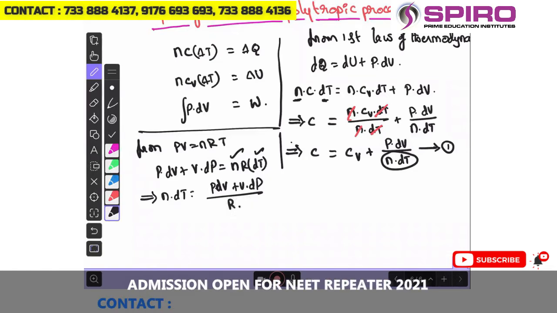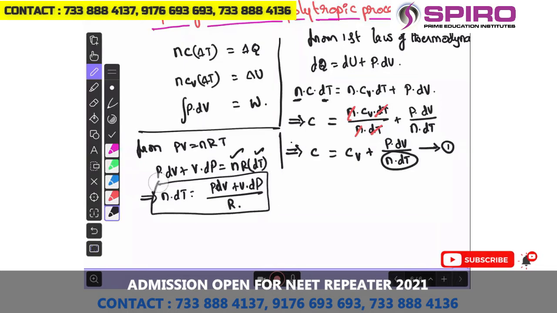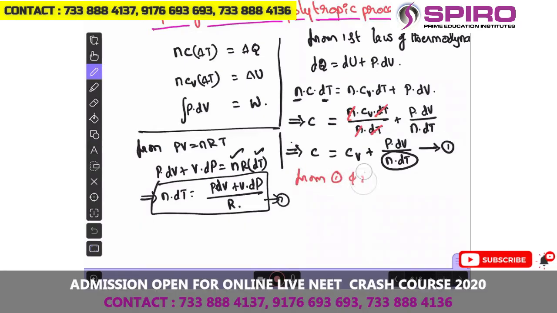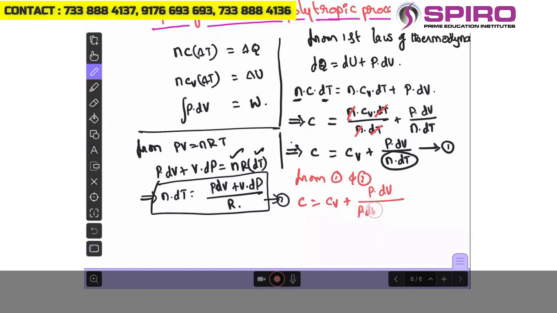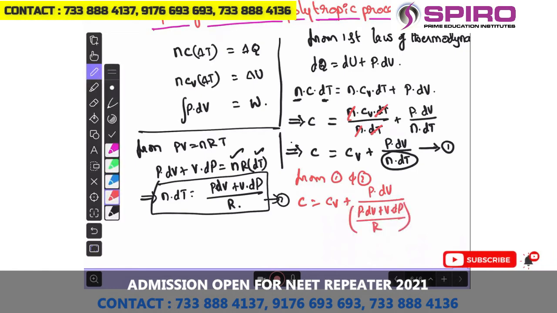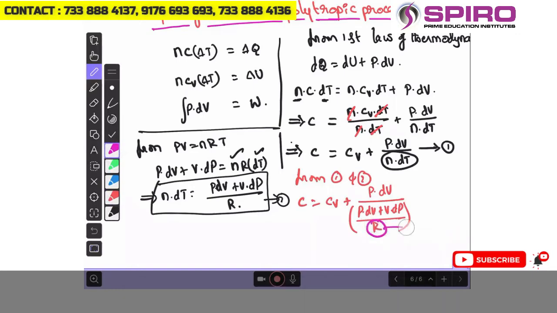So for now, let us substitute this value in equation number 1. Let me say this is number 2, and from equations 1 and 2, we can get C is equal to Cv plus P dV divided by, what is the n dT value we got, P dV plus V dP divided by R. Let this R be shifted to the numerator, and this P dV be shifted to the denominator.